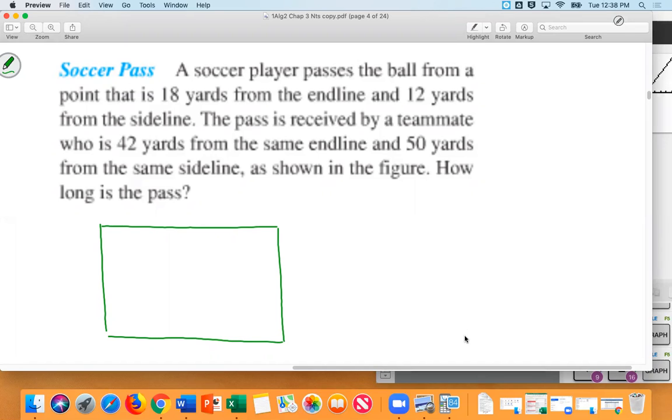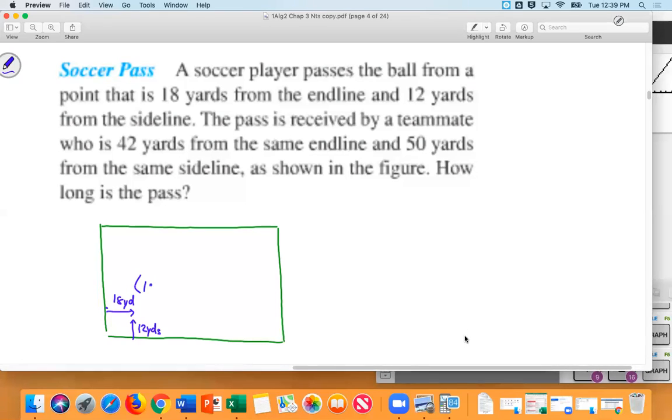It says a soccer player passes the ball from a point that is 18 yards from the end line. We're going to say this is the end line here, 18 yards. Where do you guys want this side? Left side. All right, 18 yards from this side. Then 12 yards that way. Watch this, here's the magic.